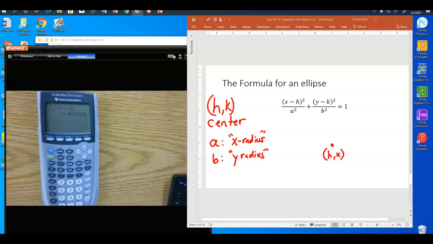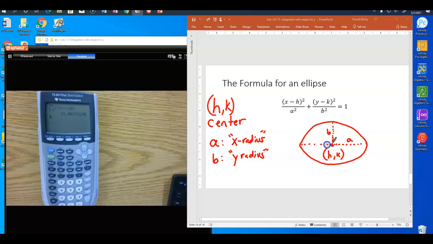And then you're going to have a radius that goes in the direction of the x, and that's the a value. You're also going to have a radius that goes in the direction of the y, which is the b radius. And then you connect that, and using symmetry, you can get the rest of the ellipse that way.